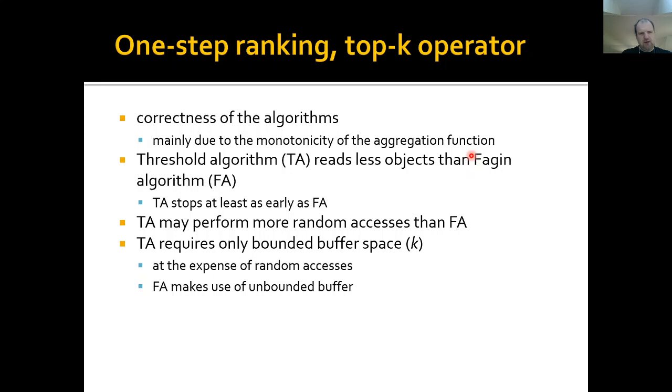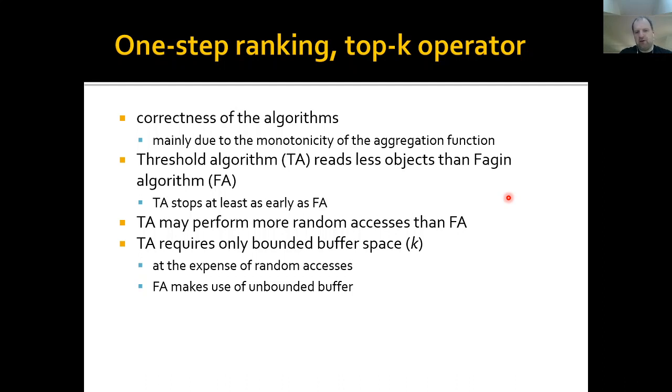The properties of these two algorithms. The threshold algorithm basically reads fewer objects than the Fagin algorithm. As I said, the Fagin algorithm could really get bad in the parallel scan, so it could read most of the database. The threshold algorithm updates more frequently, so it's more demanding on the reading, but for the cost that the threshold algorithm really performs more random accesses.